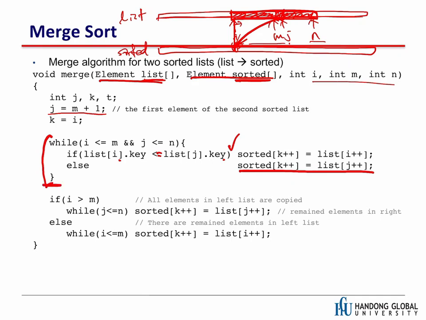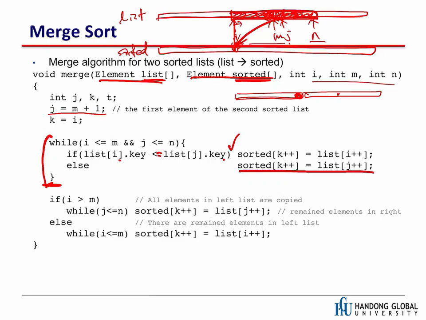So after this while loop, when we merge, we finish one side earlier than the other side. Let's say the last element is smaller than the middle element. Let me draw one more time here. So we are merging these two, and this element is the largest one from this one, but this one is smaller than this one.